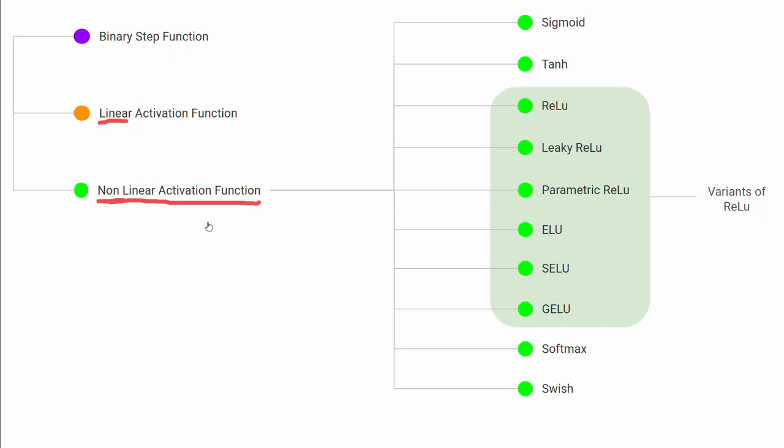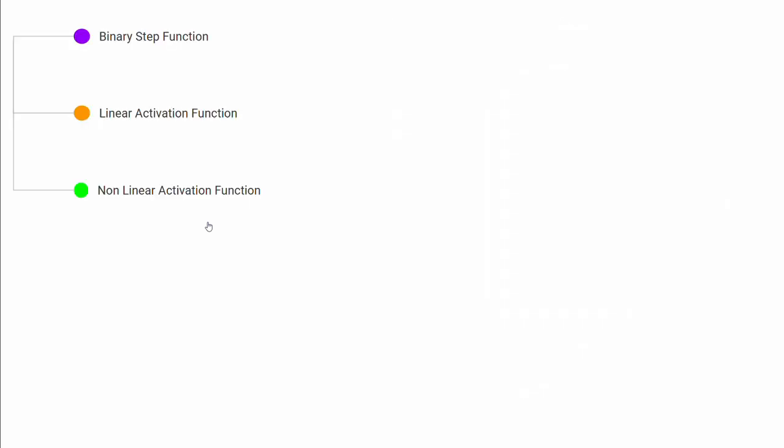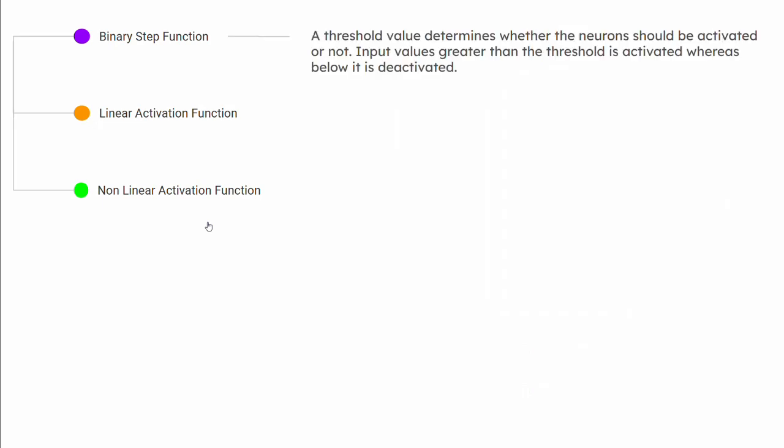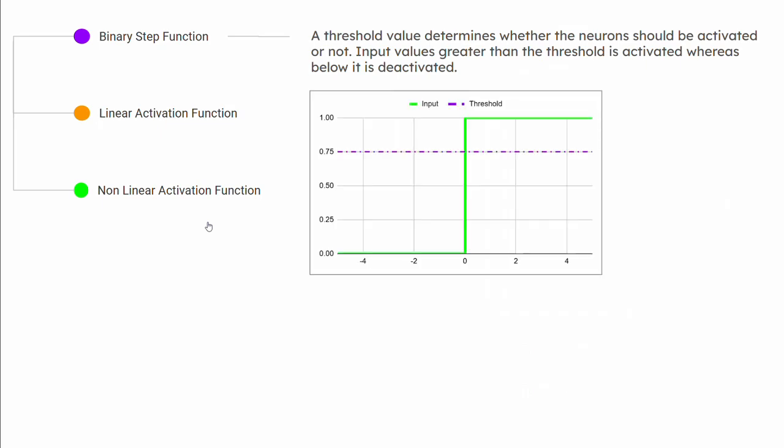Next, let's check what the binary step function is. There is a threshold which determines whether the neuron should be activated or not. It has only two states, high, say 1, or low, which can be 0. If it's greater than a certain threshold, it is activated. If it is below the threshold, it is deactivated. So it's called a binary step function. This is a sample diagram.